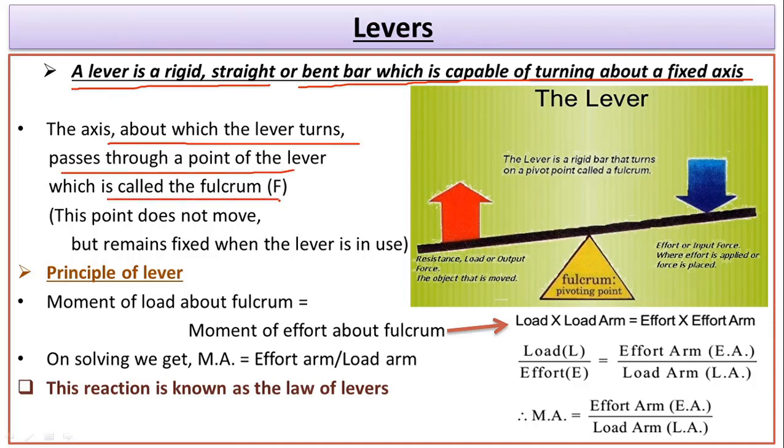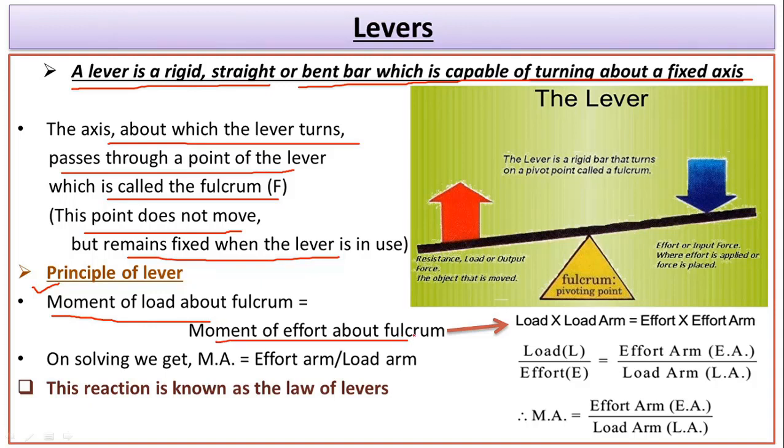This fulcrum is a point which doesn't move. It remains fixed when the lever is in use. Let's understand the very simple principle on which a lever works. The lever works on the principle of moment of force, where the moment of load about the fulcrum equals the moment of effort about the fulcrum.